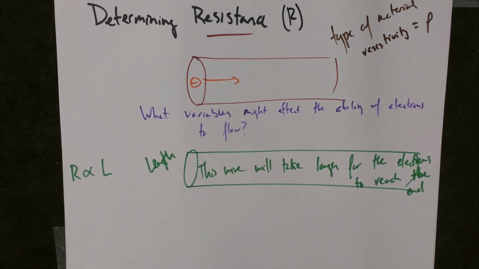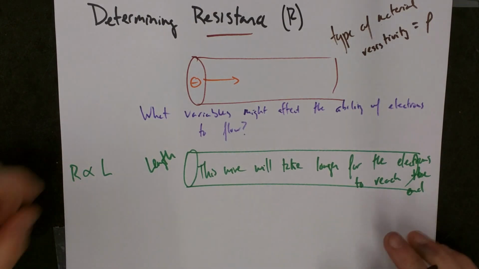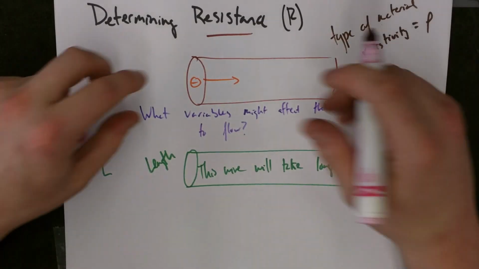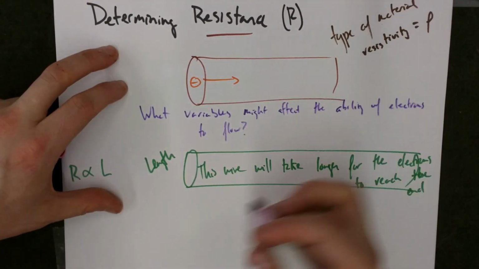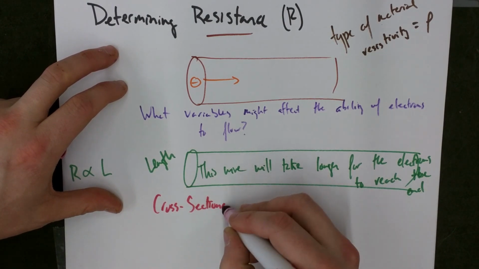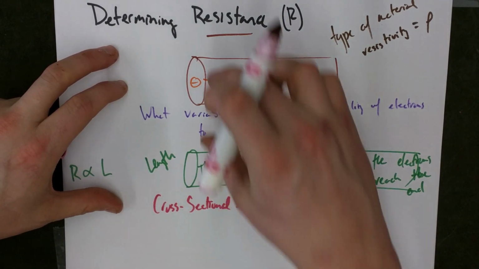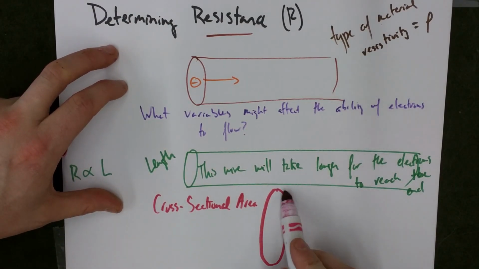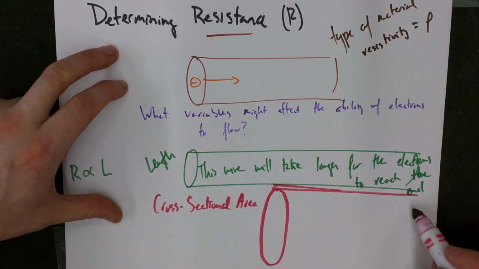And, well, what else could we think about? Oh, what if we made this wire thicker? Or what if we increased the cross-sectional area? So instead of this wire, maybe we looked at something like that wire with the same amount of length.